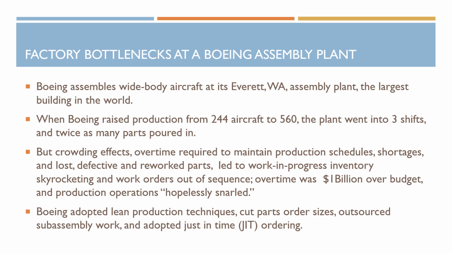So here's a case study we have observed from Boeing, which is one of the largest aircraft producers in the world, when they were planning their production in Everett, Washington State, which is one of the largest buildings in the world. When Boeing started raising production from 244 aircraft to 560, the plant went into 3 shifts and twice as many parts were pouring into the same factory plant.